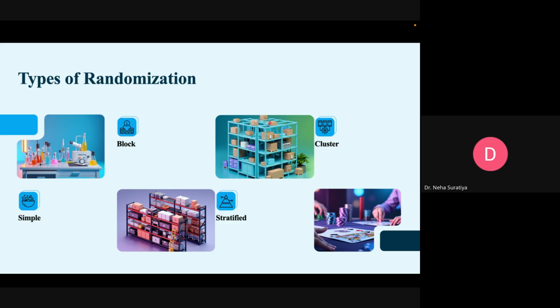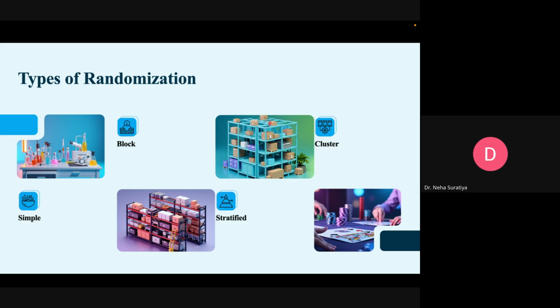More equality will be achieved. Why is stratifying important? To ensure balanced distribution of critical characteristics like diabetes. So it is more important as compared to the block and the simple one. For example, if diabetes influences the outcome, researchers ensure equal diabetes representation in both treatment groups, right? That is what stratified means.